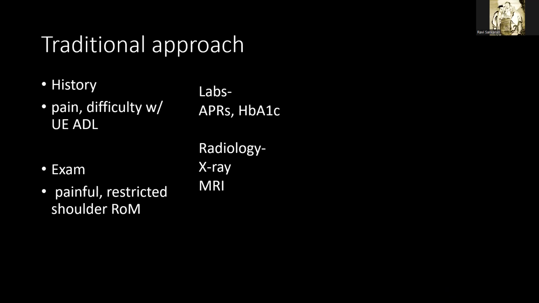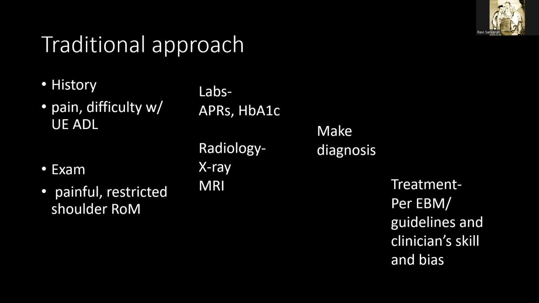Usually with adhesive capsulitis, the x-rays will be negative. The MRIs might show you some capsule thickening. We make a diagnosis, periarthritis of the shoulder, and from there we can look at treatment, and treatment will be by the evidence-based guidelines, and then from there, whatever skills and biases the clinician that's treating has. That's the traditional approach that we all know.